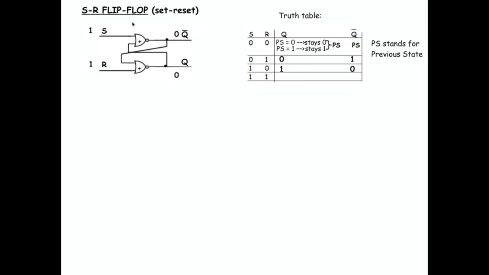We send 1 to S. So the OR gate is going to be 1 no matter what, the inverter is going to be 0, and then Q prime will become 0. And then we'll send at the same time 1 to R, and OR will make it 1, and the inverter will make it 0. And we got a situation where both are 0, and it'll keep like that.